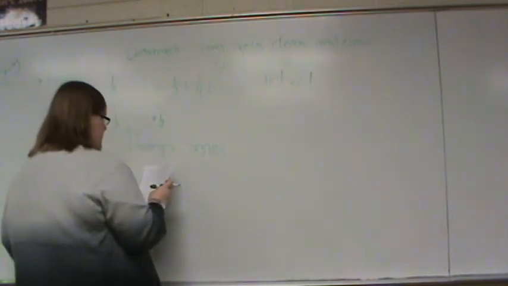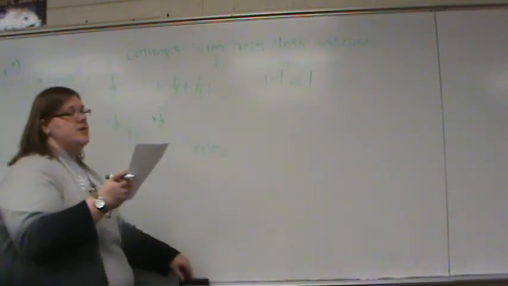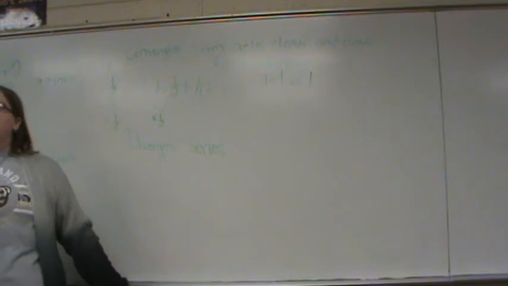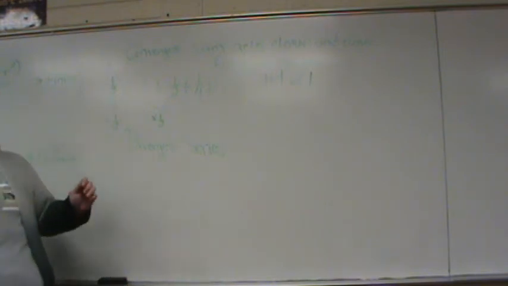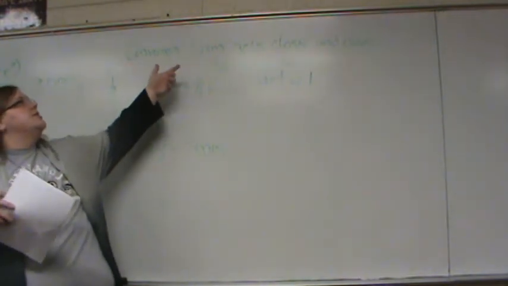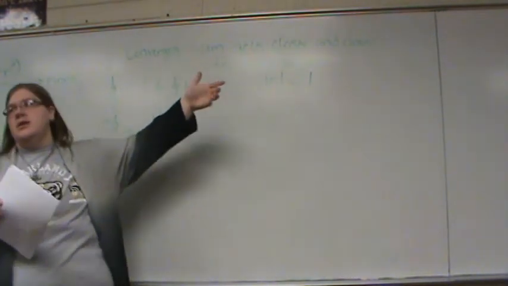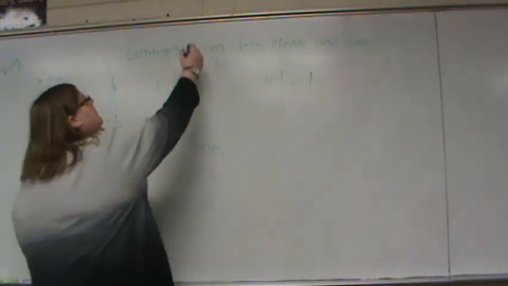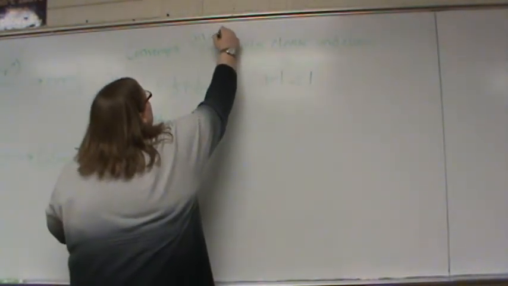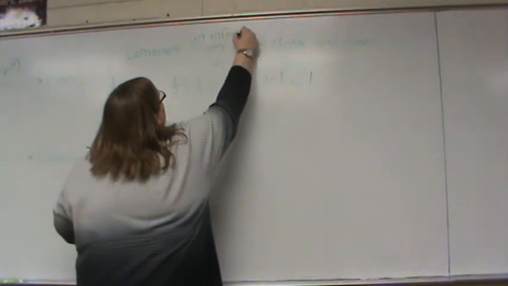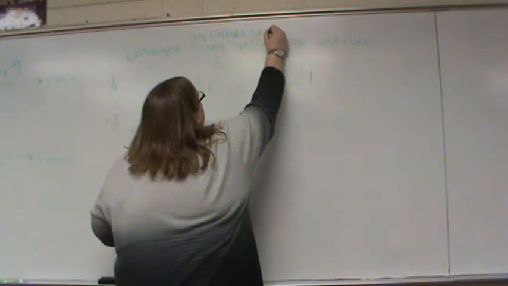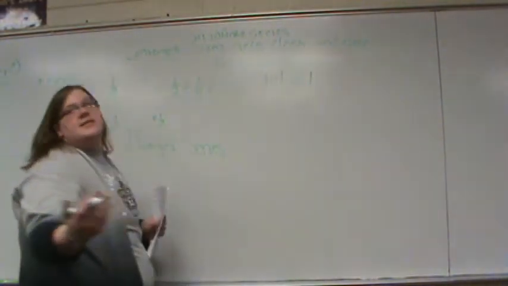Is that a series or a sum? We're specifically talking about the series. A series converges when the sum gets closer and closer to a number, and a series is a sum.